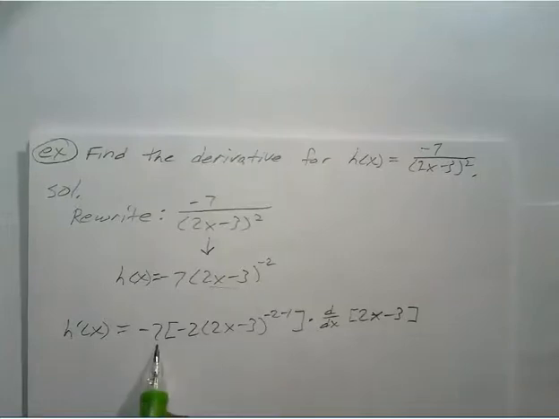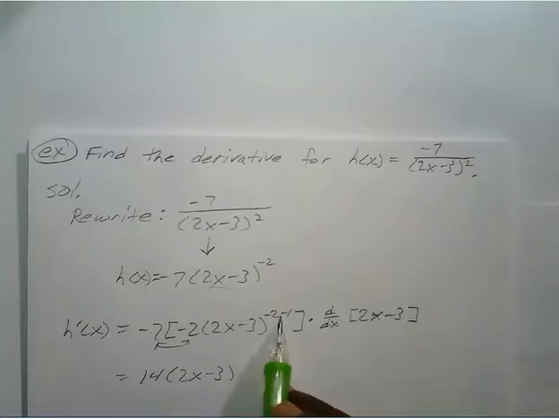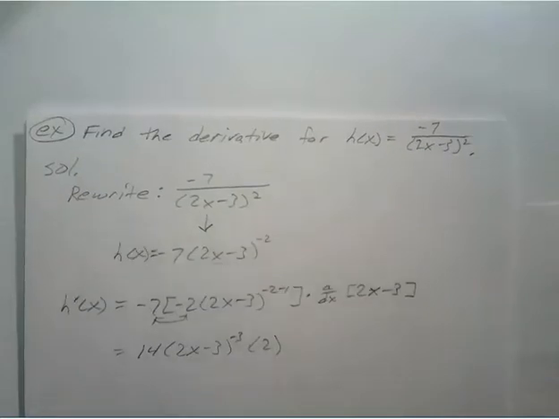Okay, so if we go ahead and combine those two, negative times negative is positive, so we have 14 times 2x minus 3, negative 2 minus 1 is negative 3, times the derivative of 2x, which is just 2. And the derivative of negative 3 is 0, so that's that.